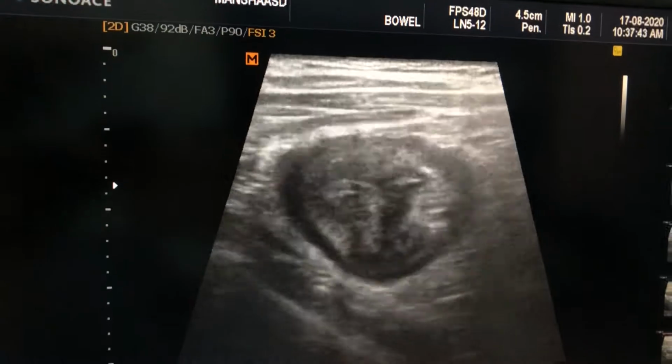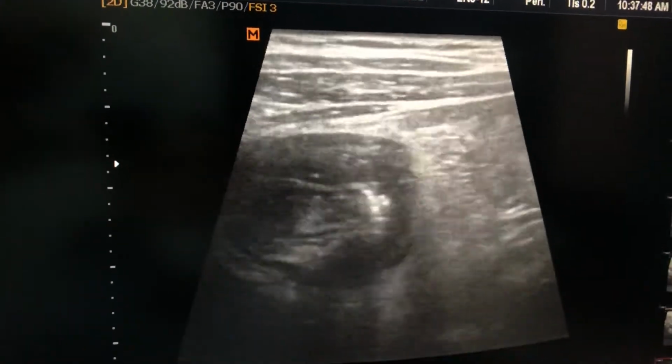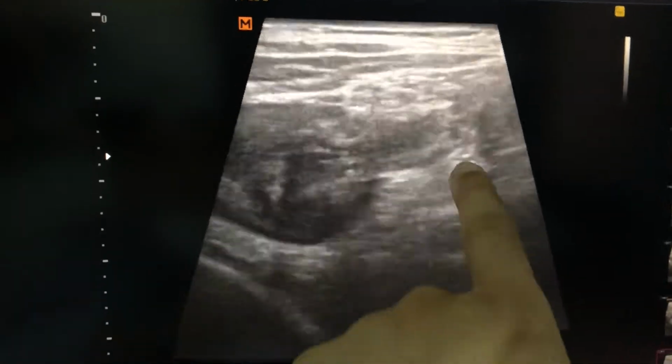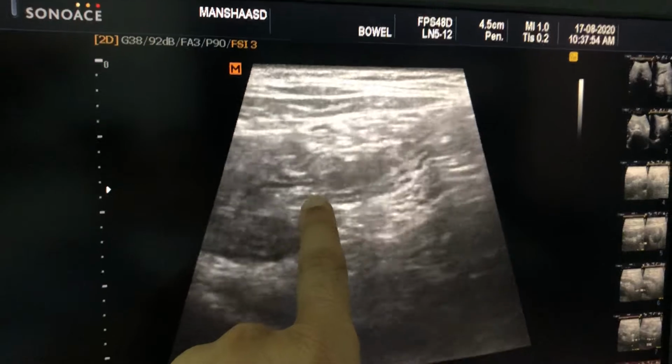This is once again the ascending colon and cecum. This is the ileum. This is the ileocecal junction over here.